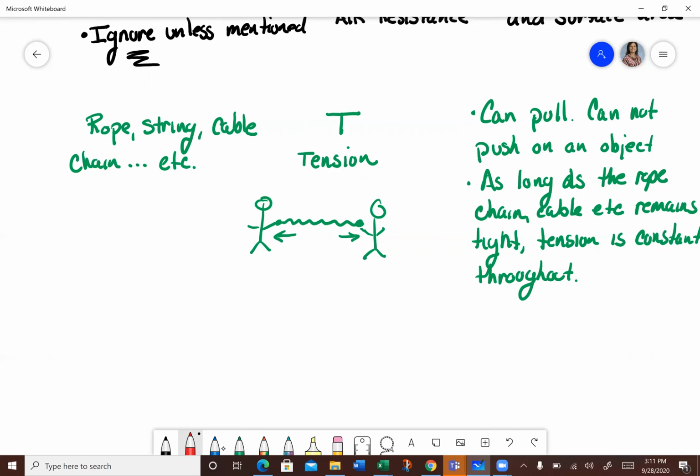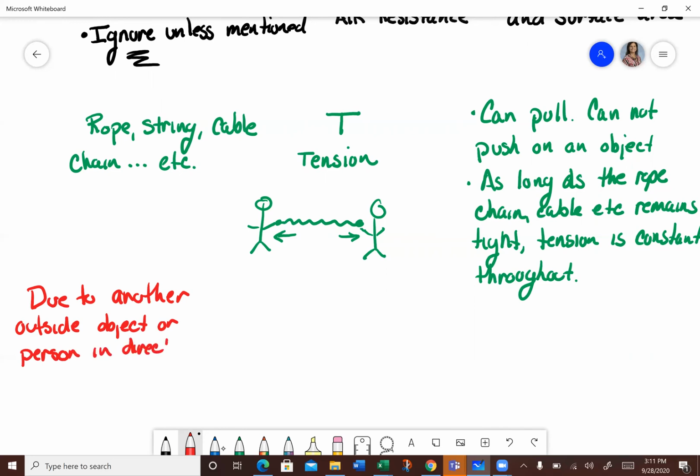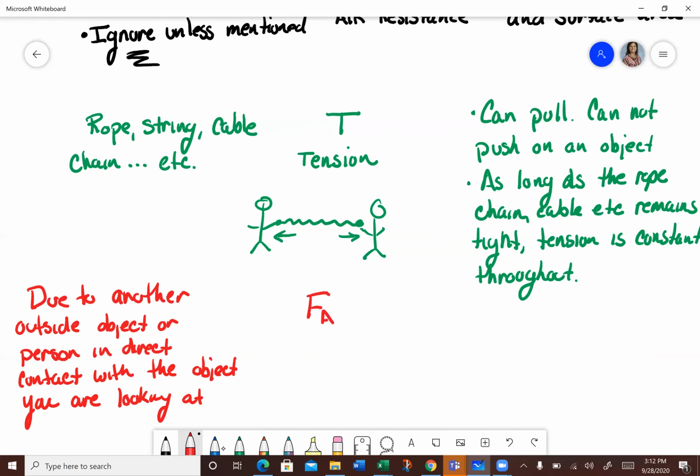All forces are applied forces, but in this case, I'm going to call this an applied force, but it's due to another outside object or person in direct contact with the object you are looking at. So I'm going to call that a force applied.